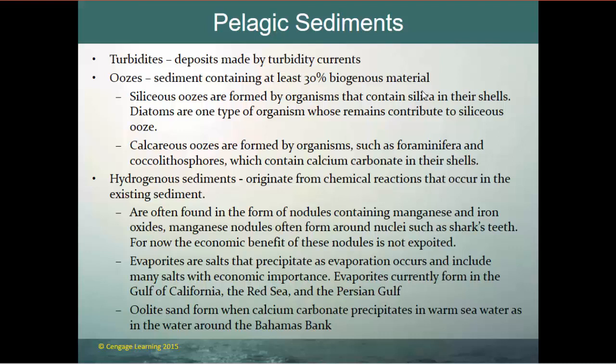So you can have salts and gypsum and a few other types that usually have some economic importance. And oolite sands form when calcium carbonate precipitates in warm seawaters in the water around the Bahama Bank. So the sand is literally not sand like silicon, but it's sand made up of calcium carbonate. We find that in the white sands around the Bahama Bank.